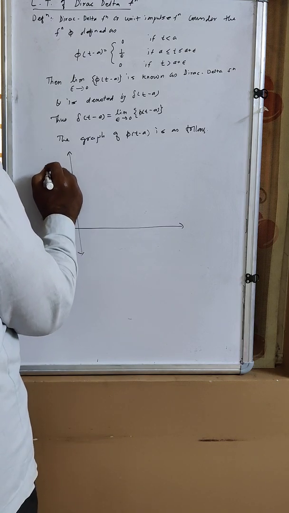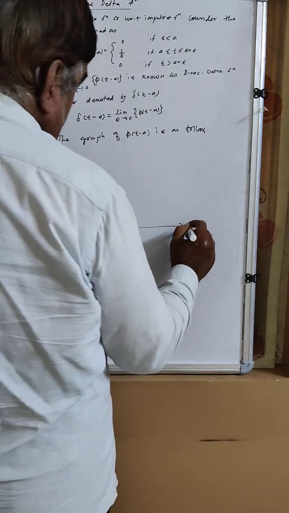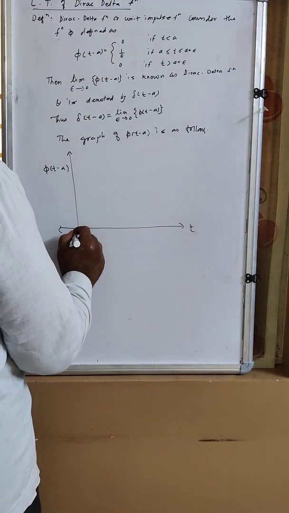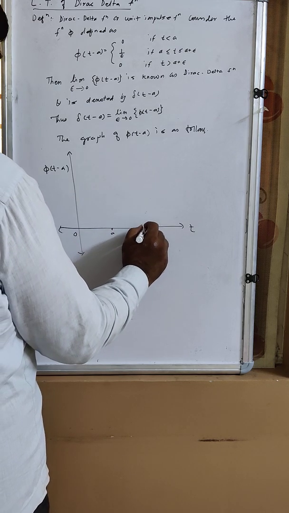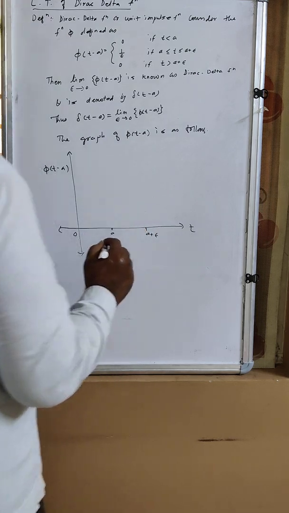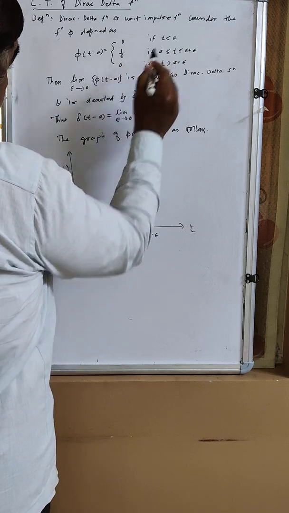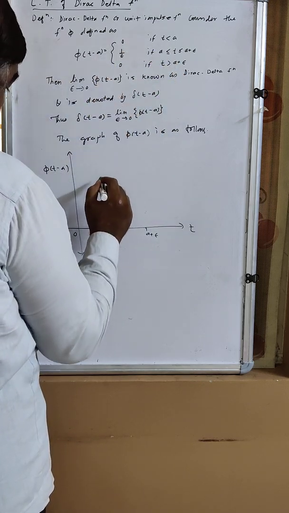From 0 to a, the function phi of t minus a is 0.